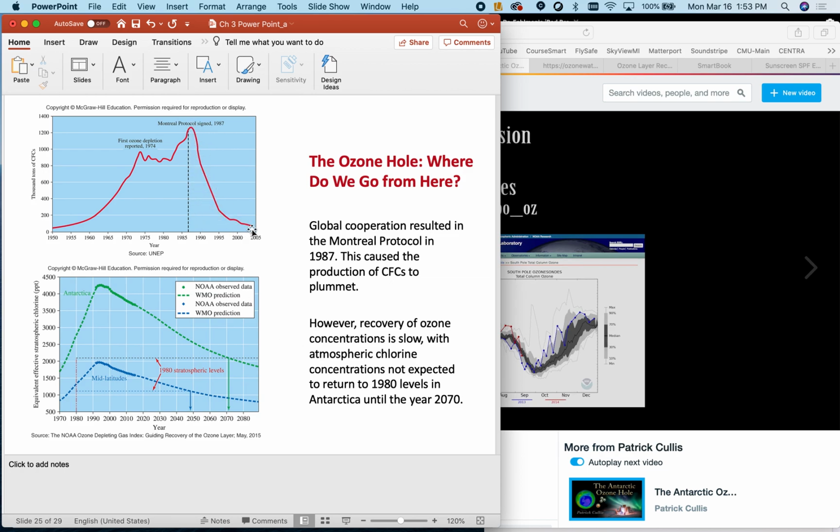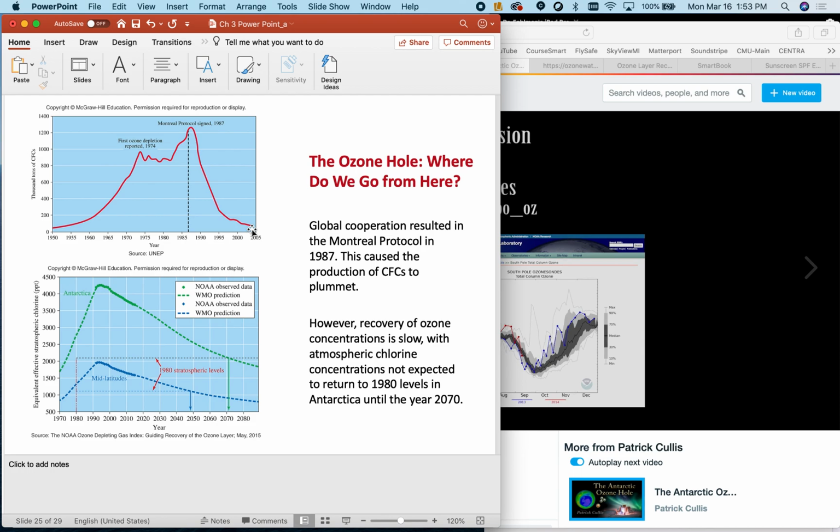So this was really a case study of countries getting together to do something, unlike climate change, where there are now some holdouts, our country in particular right now. Every country got together and signed it, and there were very few places producing these CFCs.